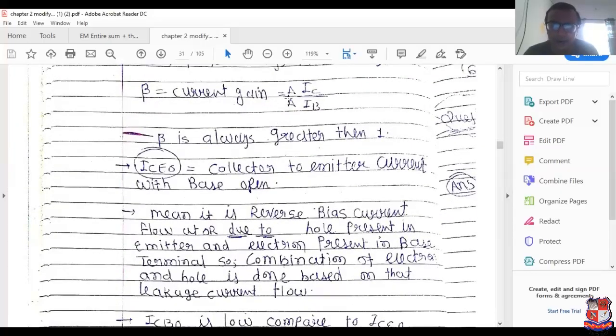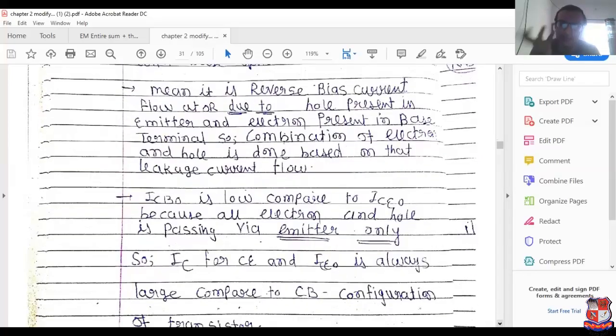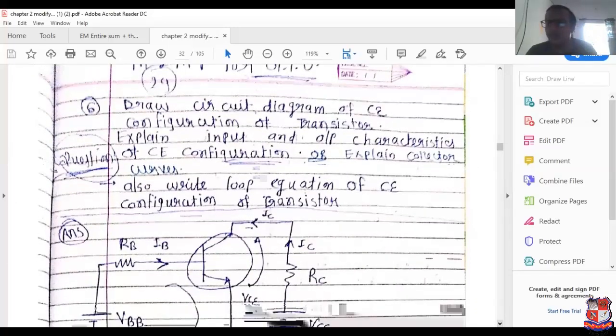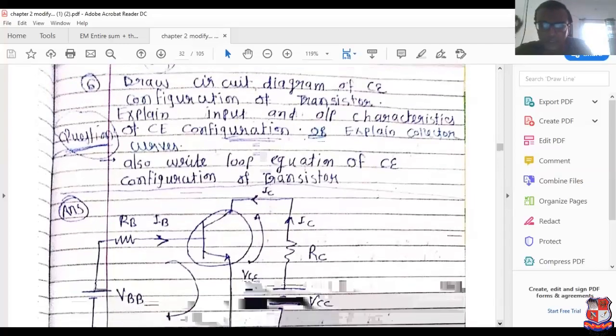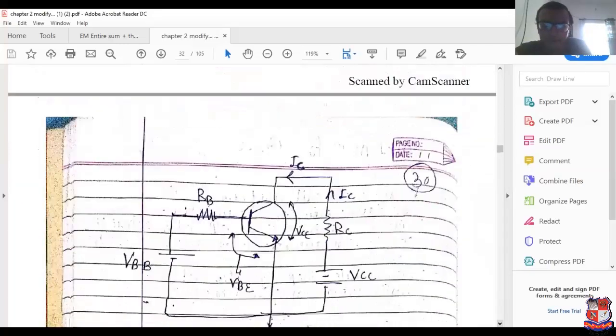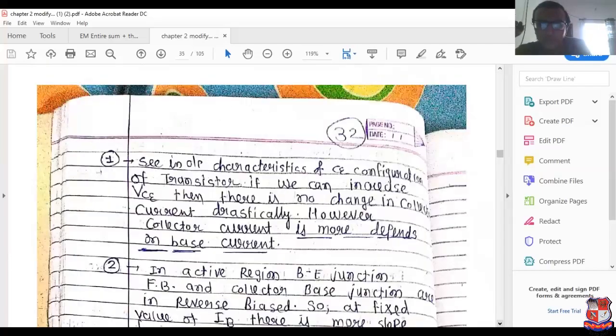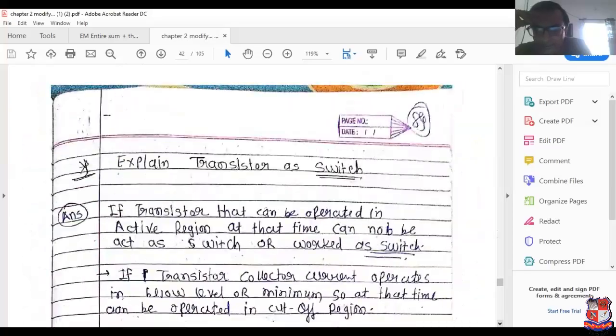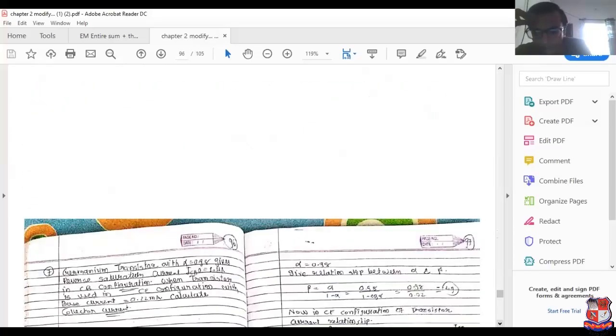So β = ΔIC/ΔIB, and here ICEO means collector to emitter current with base open. We always measure the output characteristic with constant input. So this is the correct explanation of the common emitter configuration. Here we can use the input-output loop equations of the common emitter configuration of a transistor. And last, we discuss examples related to the common emitter configuration.